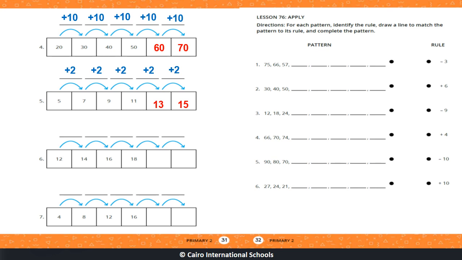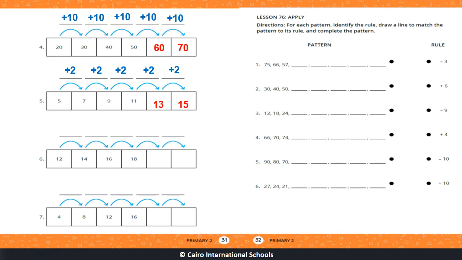And so on. The next pattern, 12, 14, 16, 18. Is the pattern increasing or decreasing? It's increasing. The numbers are getting bigger. So we will write plus in the pattern rule. Plus what? Subtract the first two numbers. 14 minus 12 equals 2. 16 minus 14 equals 2 also.